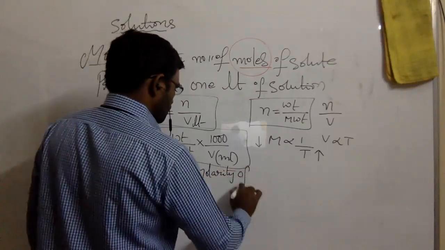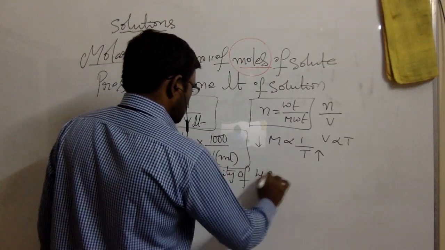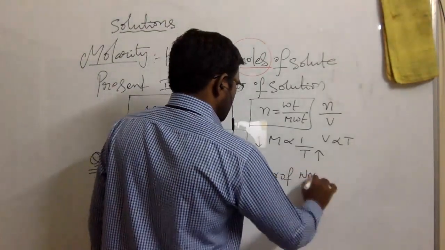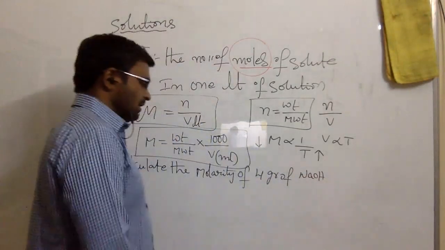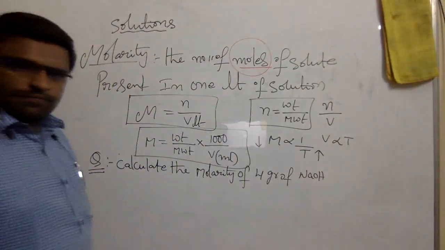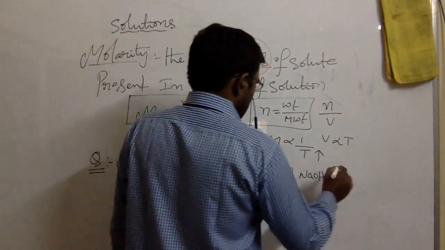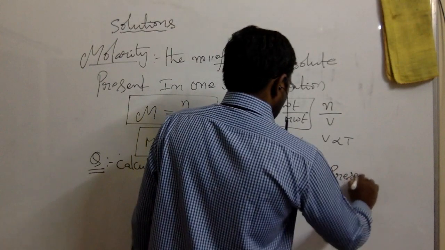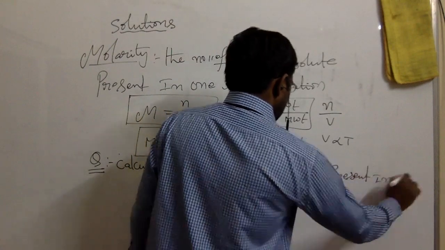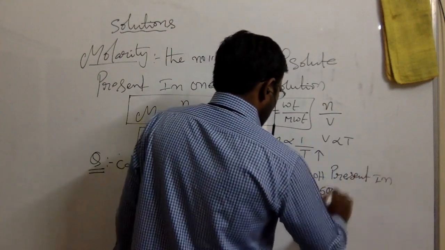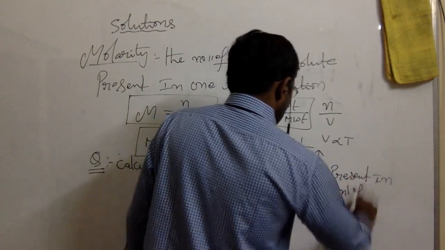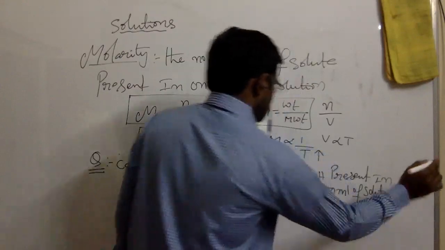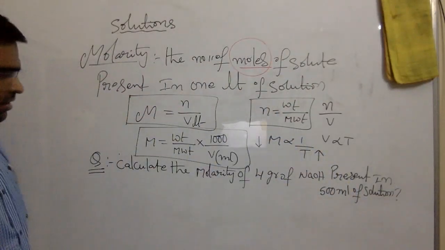Calculate the molarity of 4 grams of sodium hydroxide present in 500 ml of solution. This is the given question.